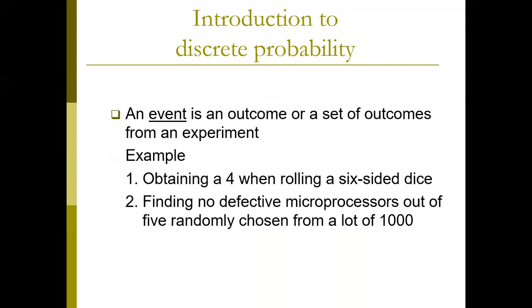If you were to make the selection of the microprocessor, any of the outcomes that you could get forms an event, all right? So for example, obtaining a 4 when we roll a die. Remember, the die has 6 faces. So if you were to roll the die and end up with a 4, that would be an event. All right. Obtaining non-defective microprocessors, when you select 5 from a lot of 1,000, that would be another event.